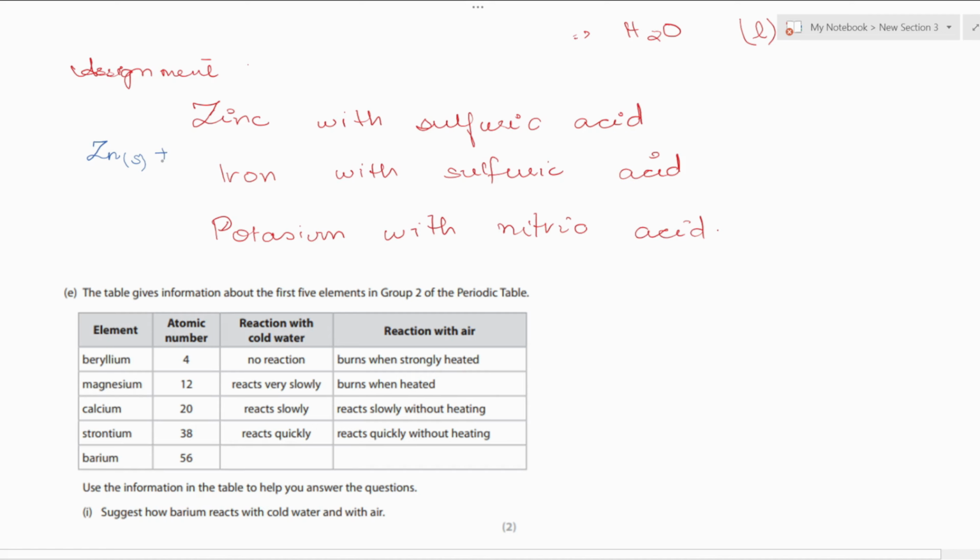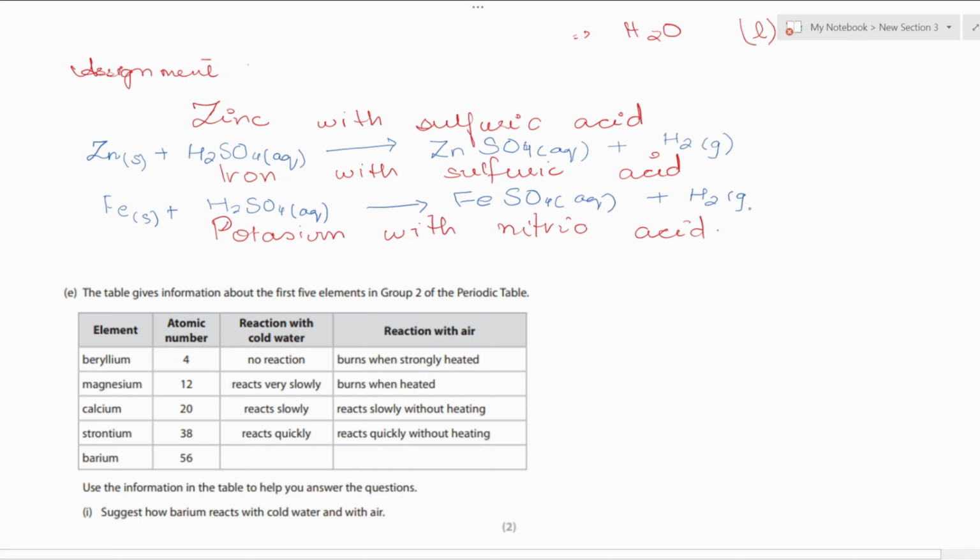Okay, sulfuric acid is H₂SO4 aqueous. Okay, good. Excellent. Okay, let's move to iron with sulfuric acid. Good. Okay, potassium with nitric acid.